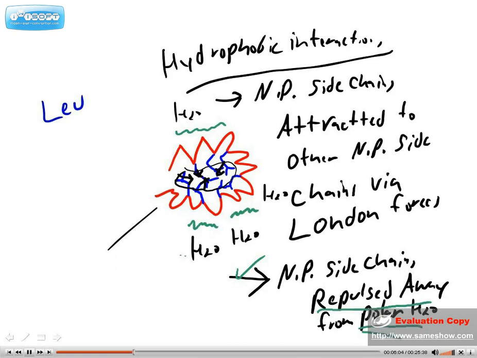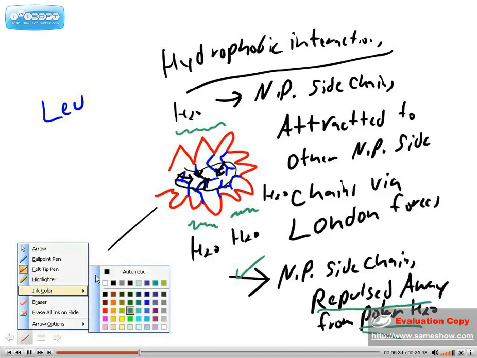Because they're repulsed away from the other polar molecules, we call these hydrophobic interactions. Why? Because they don't like water. They like their own kind, but they don't like being near water. So that's hydrophobic interactions.